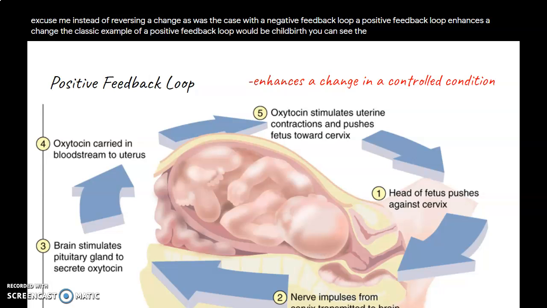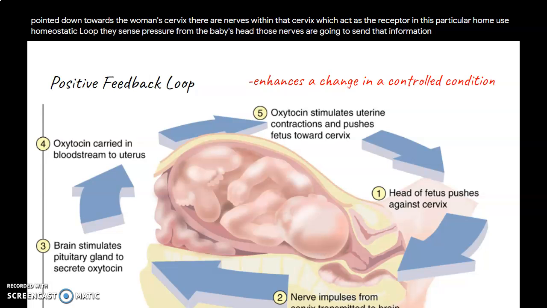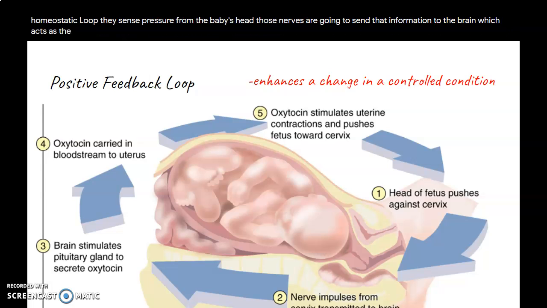You can see the picture of the baby here, and the head pointed down towards the woman's cervix. There are nerves within that cervix which act as the receptor in this particular homeostatic loop. They sense pressure from the baby's head. Those nerves are going to send that information to the brain, which acts as the control center. It knows the pressure means that birth is ready to occur.